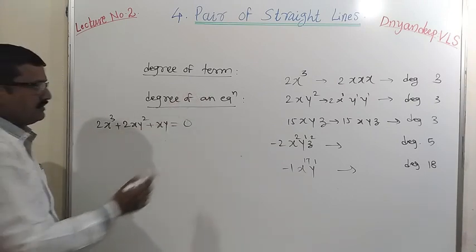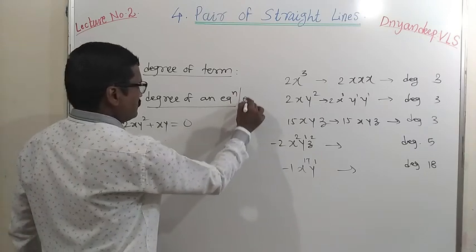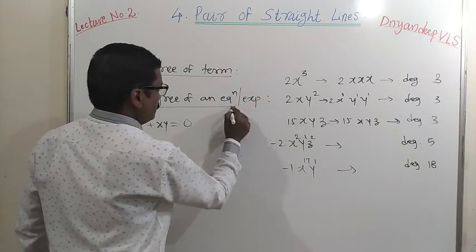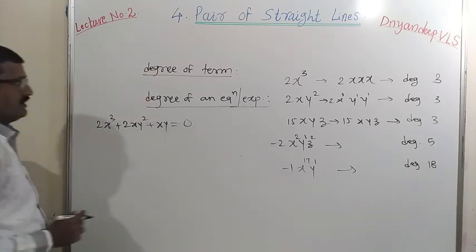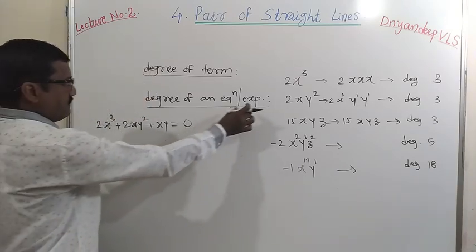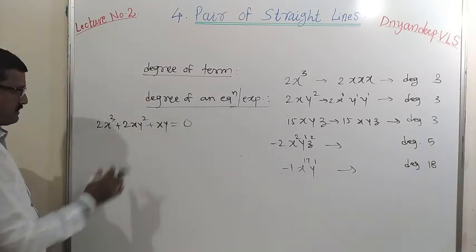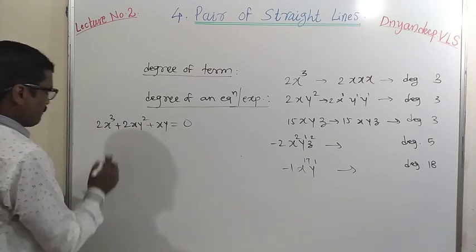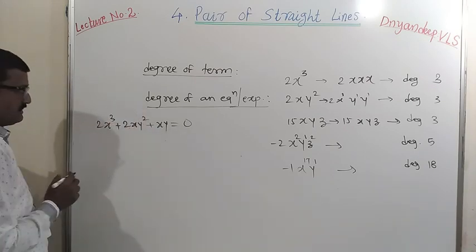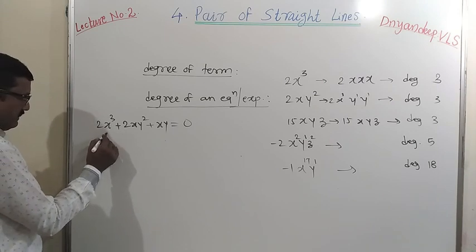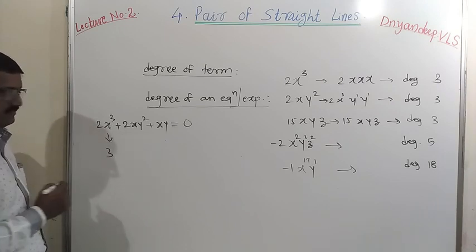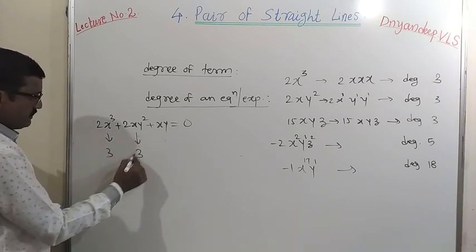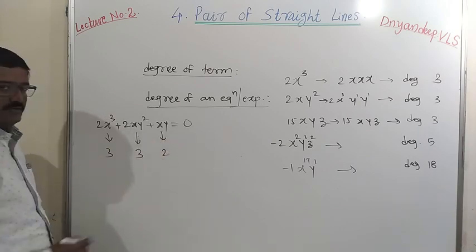The degree of an equation or expression is the same, because whenever we take equality of 2 expressions, we get an equation. Now to find the degree of this expression or equation, the degree of this term is 3, the degree of this term is 3, and the degree of this term is 2.